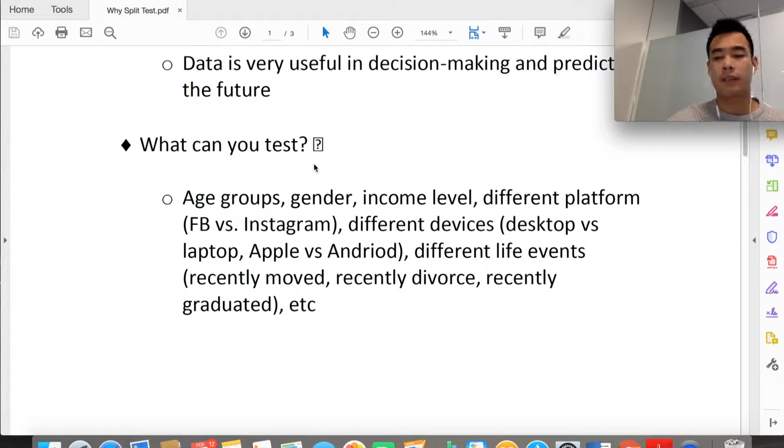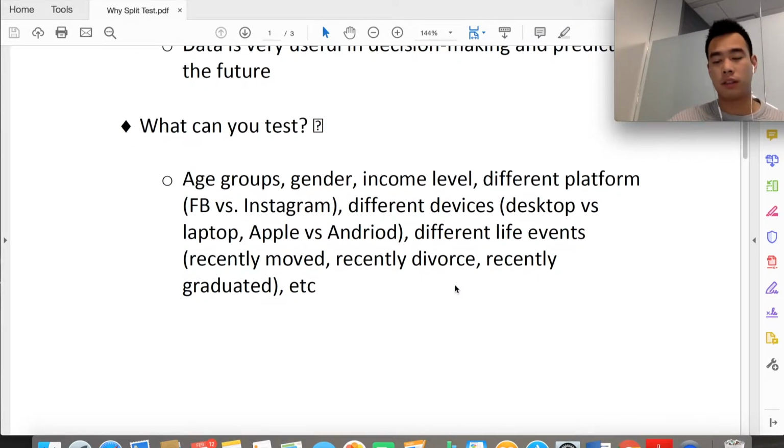So let's take Facebook for example. You can test age groups, gender, income level. You can test different platforms. You can test Facebook or Instagram, Facebook only or Instagram only. You can test different devices that people access Facebook and Instagram on, like Android or Apple, or even laptop versus desktop.